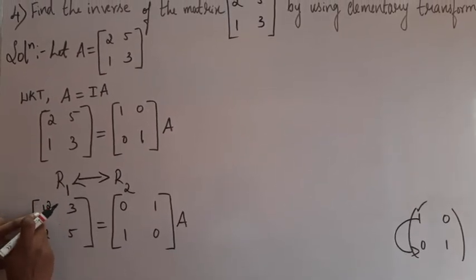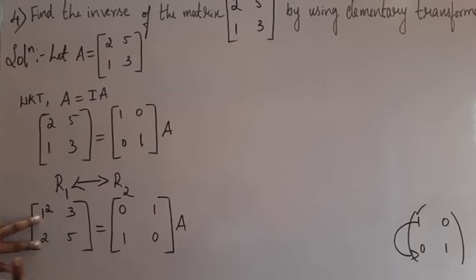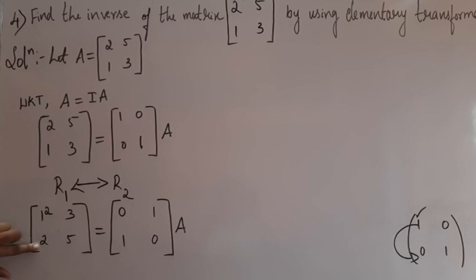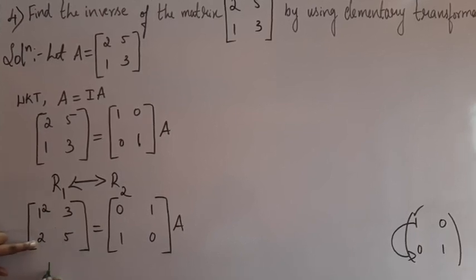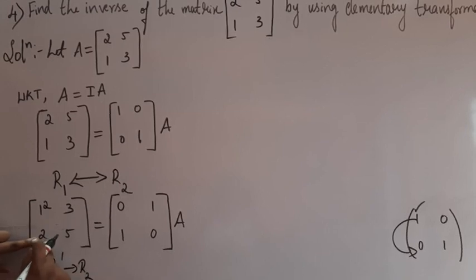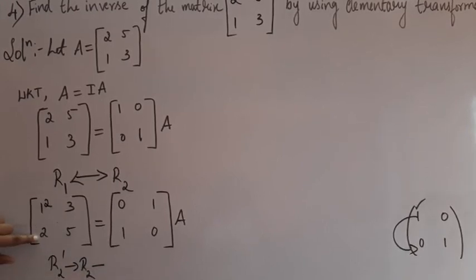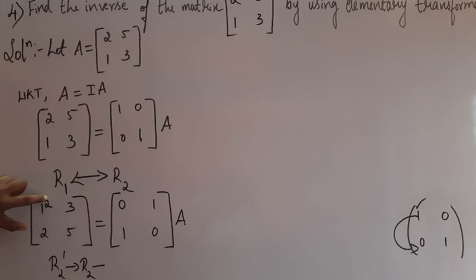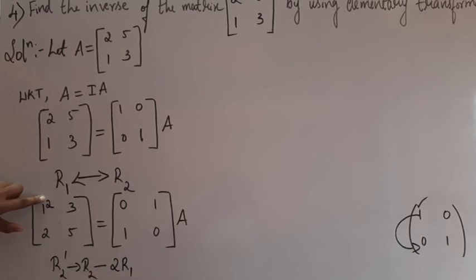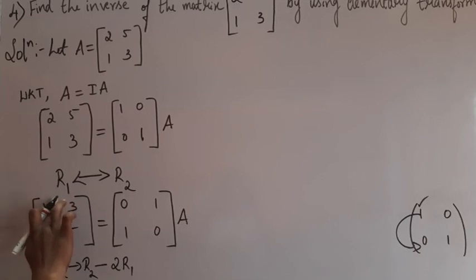But there is no 2 in the first row, there is 1. We can multiply that first row by 2, right? So we have to change the second row. R2 is changing to R2 minus, since we are taking the subtraction. We require for the first row 2 into R1. So let us apply for the matrix now.